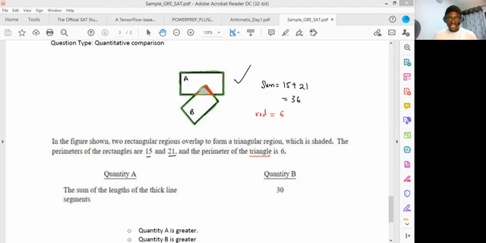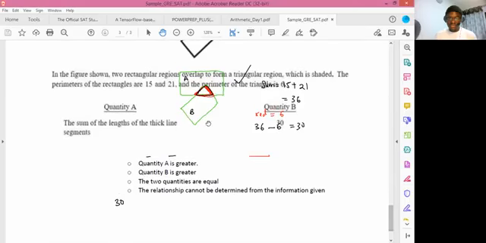So excluding this, the thick line segments represent the remaining portions of the rectangles which did not overlap. All right. So that's going to be 36, which is the full perimeters of the two rectangles, minus 6, that is minus the red parts. All right, and that makes 30. So essentially we are comparing 30 to 30. So because both quantities are equal, the answer must be C.